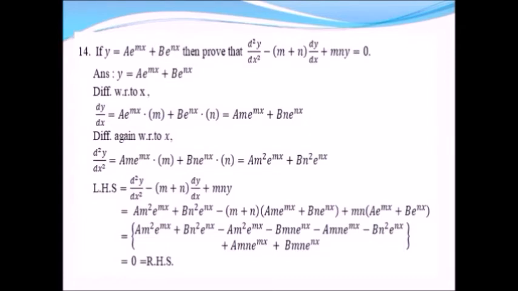Again I am multiplying with minus n with those two terms, that is minus a m n e to the power mx minus b n square e to the power nx, and the last two terms as it is, that is a m n e to the power mx plus b m n e to the power nx. Simplify, see that all the terms will cancel, you will get the answer 0, and that is clearly same as the right hand side, hence it is proved.